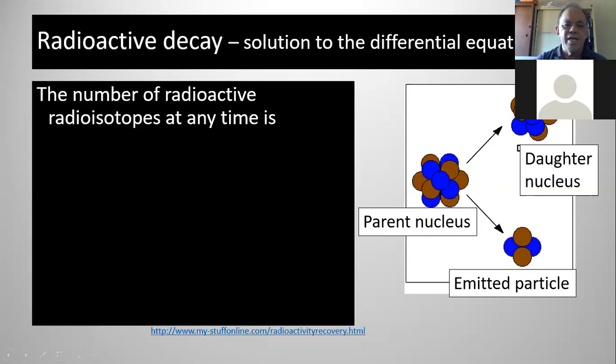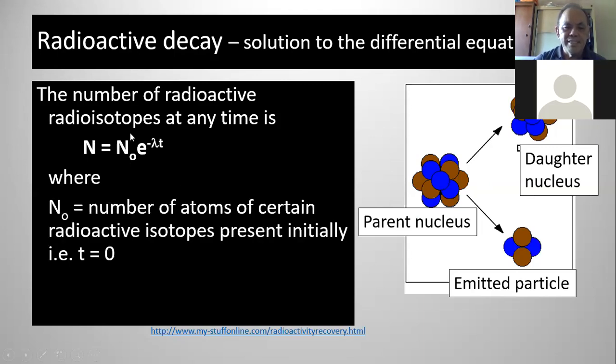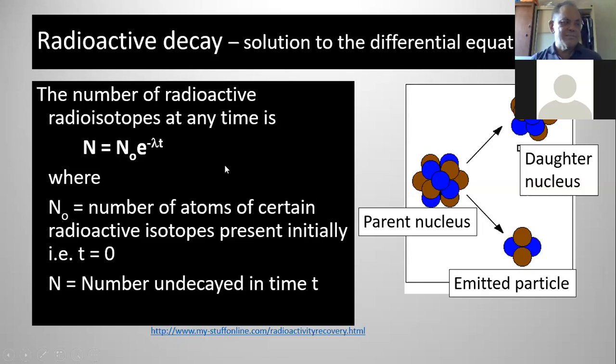So the number of radioactive isotopes at any time is the solution to the differential equation, where N naught is the number present at the beginning. We call it time zero at the beginning. And this is the number present at time t. Lambda is the probability constant. So what we measure is this one.